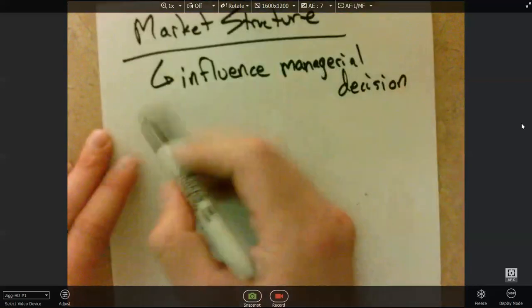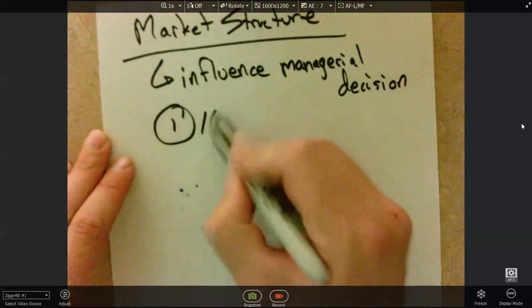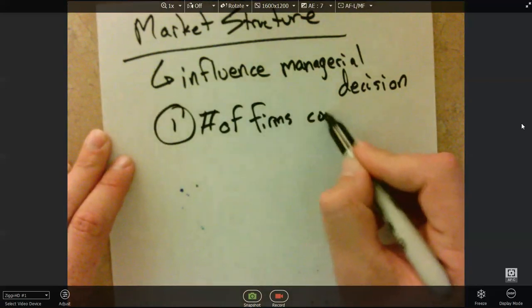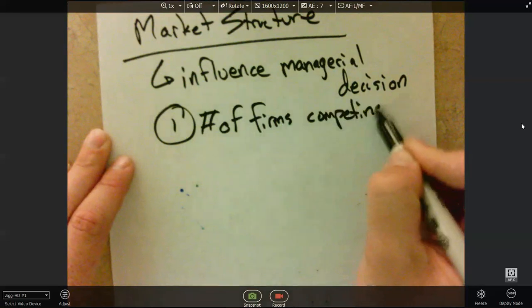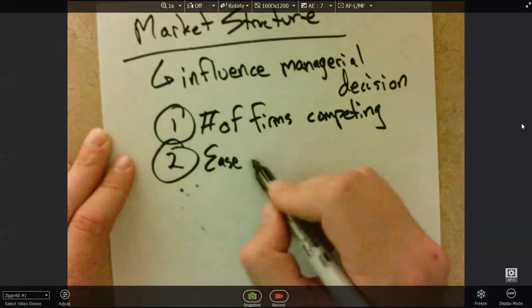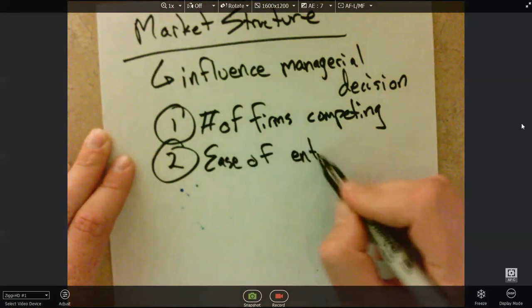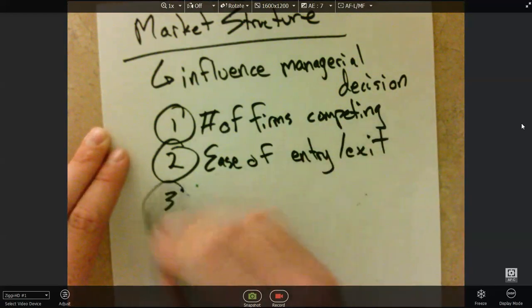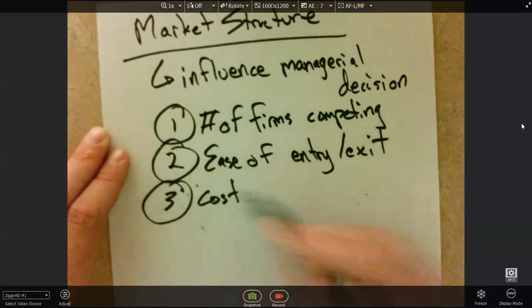Yeah, so that would be the first one, the number of firms. Entry, ease of entry and exit. Resources, very good. Costs.